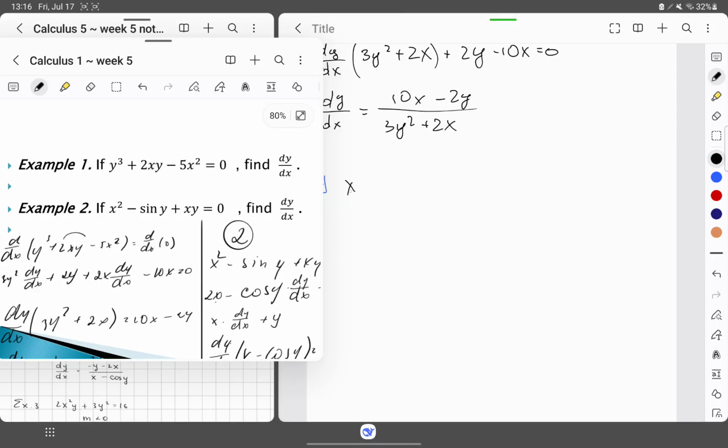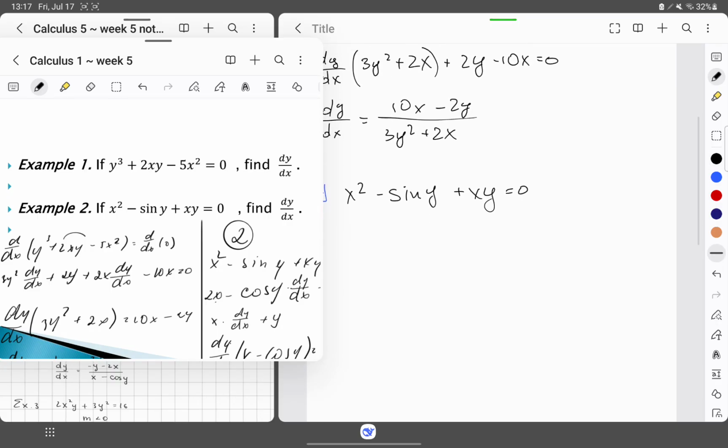Okay, if x squared minus sine of y plus xy equals 0, find dy over dx.